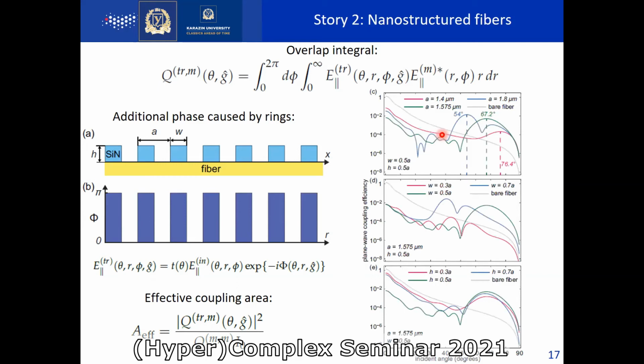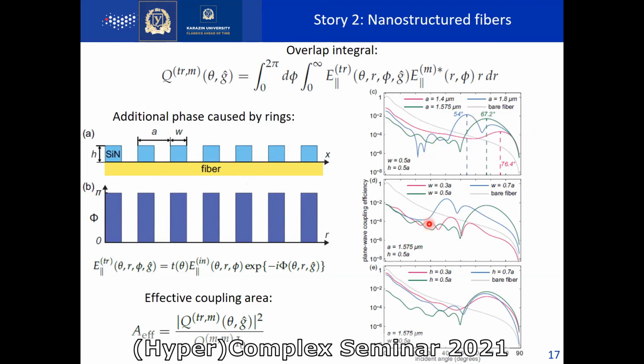This very simple model allowed us to optimize the design, to change the width, height, and period of each ring of the ring array, and to define the most optimized design.